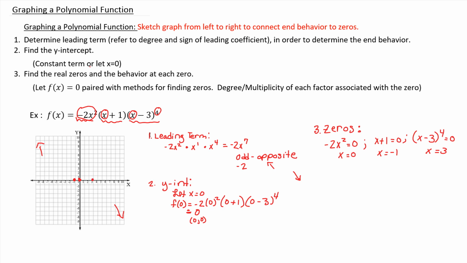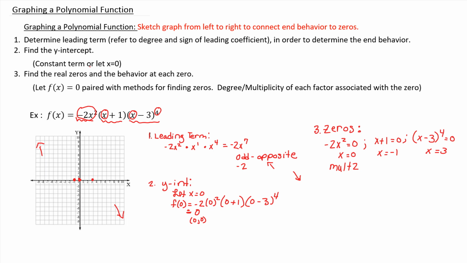And then we have to determine our behavior at each of those zeros. So what is the behavior at the zeros? Well, it depends on the multiplicity or the power that was present on your factor. So in our -2x squared factor, x is squared, so we have a multiplicity of 2.